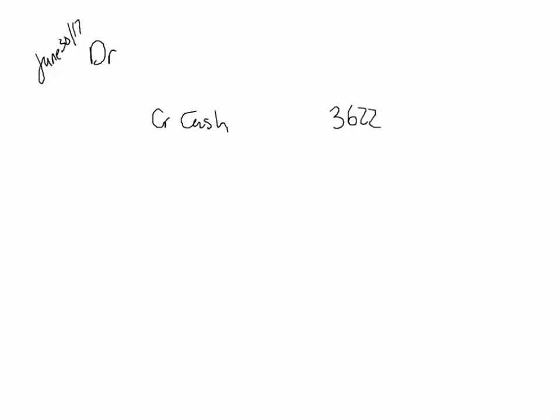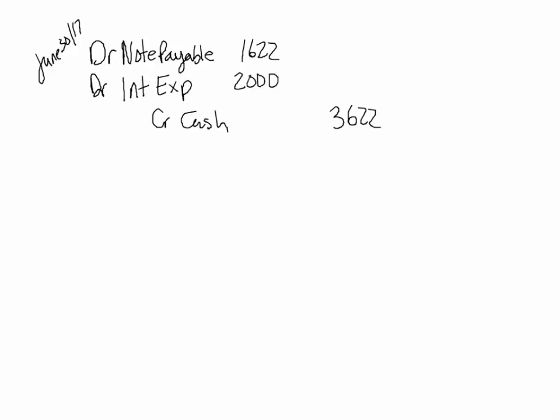However, the amount that's going to reduce my note payable is only going to be $1,622. What I also have to do is a debit to the interest expense, and that debit to the interest expense will be for the $2,000.